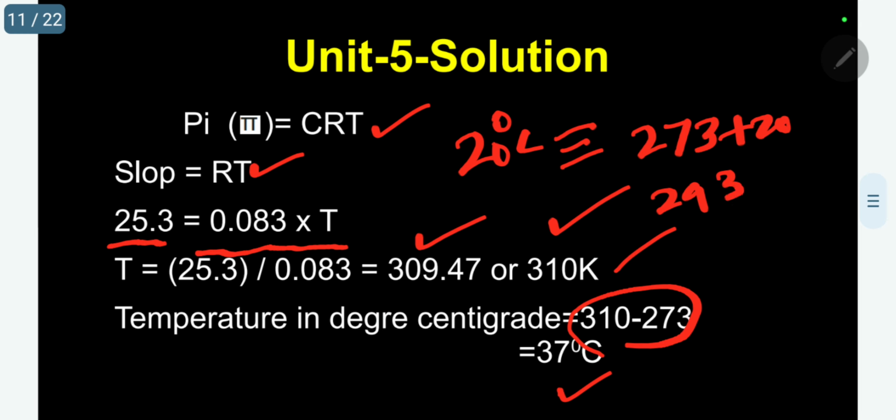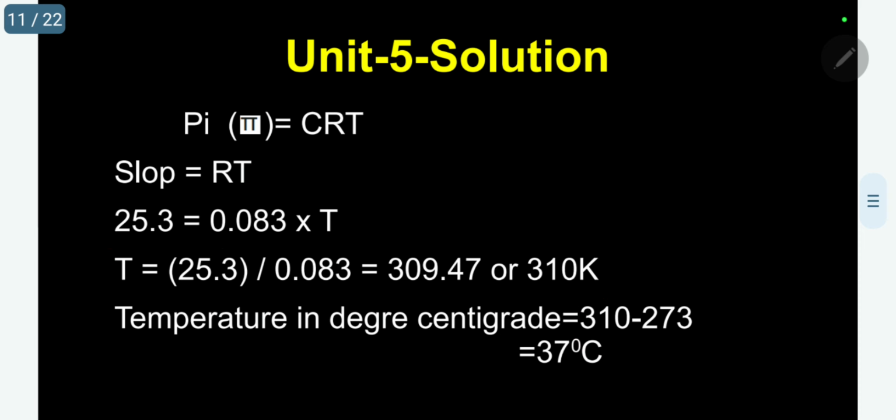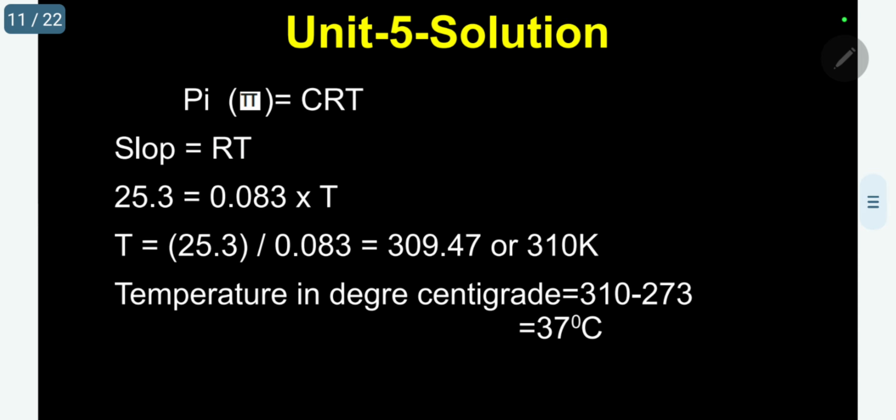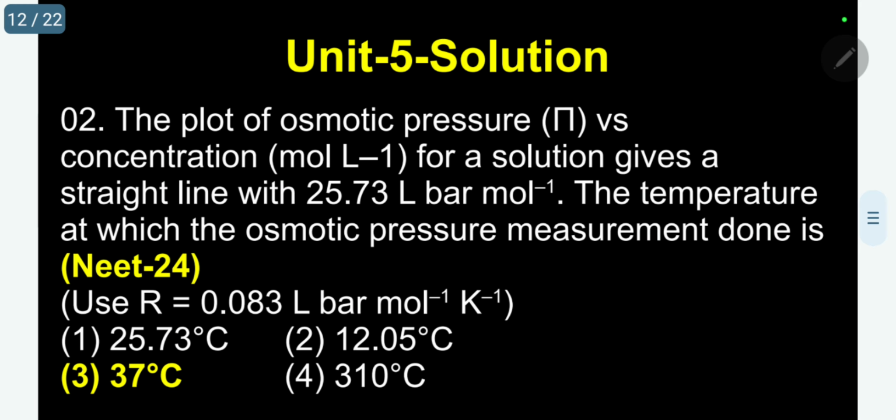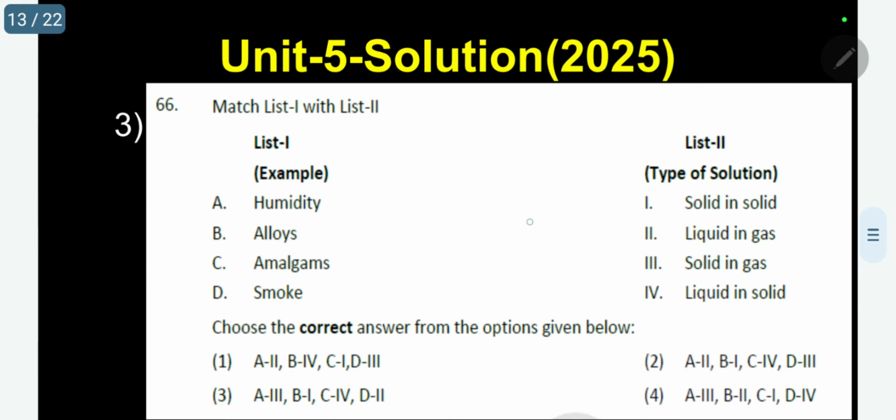Suppose it is 27, it will be equal to 300 Kelvin. So based on this, subtracting 310 minus 273, 37 degree centigrade is the correct answer. So let us verify here. The answer is correct. The question was asked in NEET 24. Very, very easy. Next question.